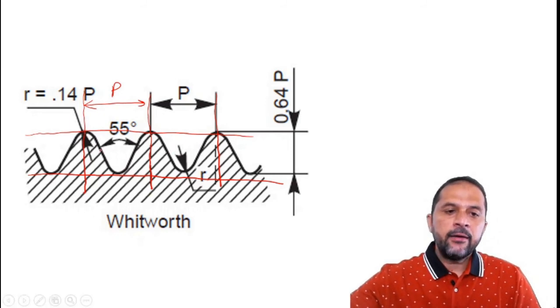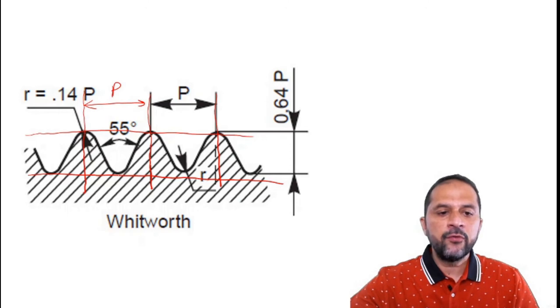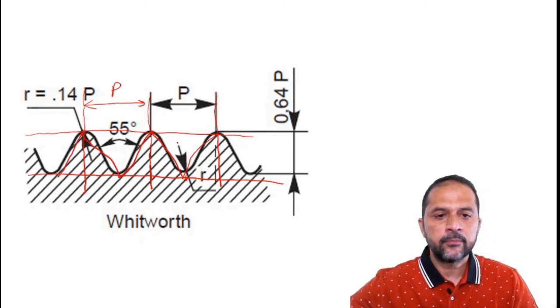Then, like we did in the previous figure, we take the midpoint of these P distances and join these points with straight lines like this.